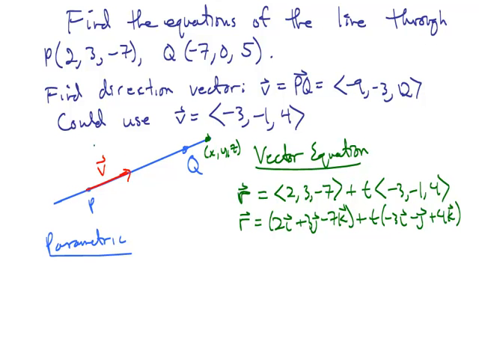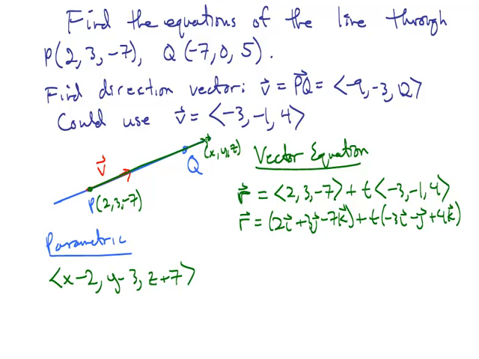I'm going to form the vector from P to that point (x, y, z). So it's going to be x minus, let's see, what was P here? It was (2, 3, -7). So the vector from P to any other point (x, y, z) on my line would look like (x minus 2, y minus 3, z minus -7, or z plus 7).